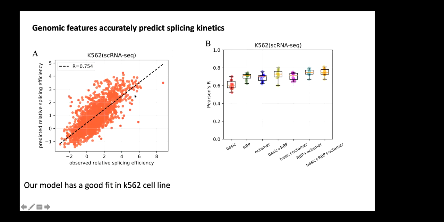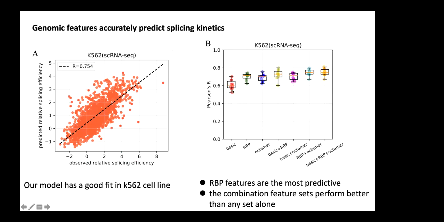Besides, we also explore the predictive ability of the three feature sets mentioned above and found that RNA binding protein features are the most predictive one. In addition, the combination of two or three feature sets performs better than any set alone. This suggests each feature set contains independent predictive power.